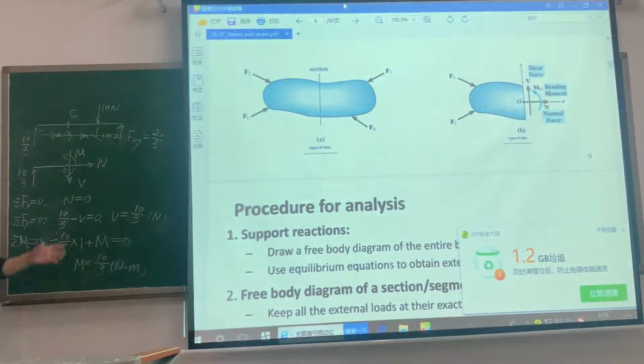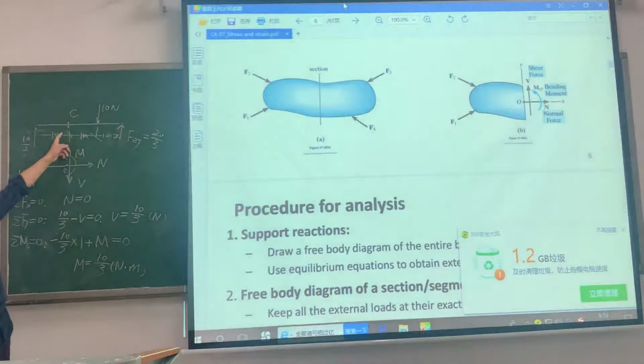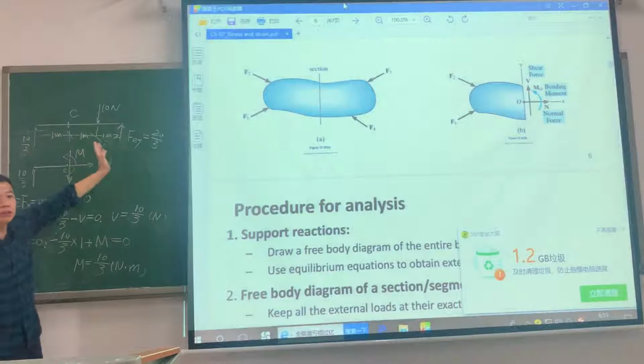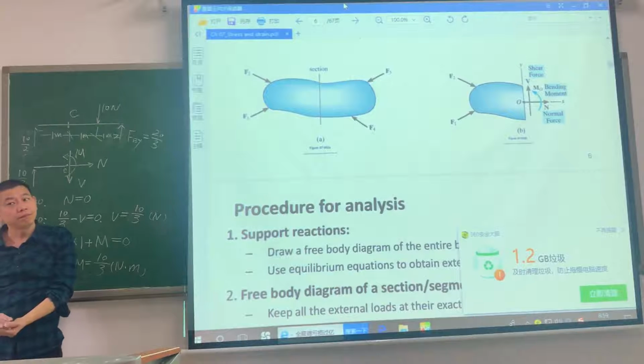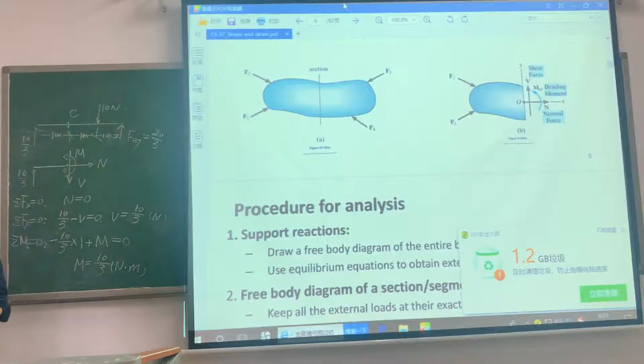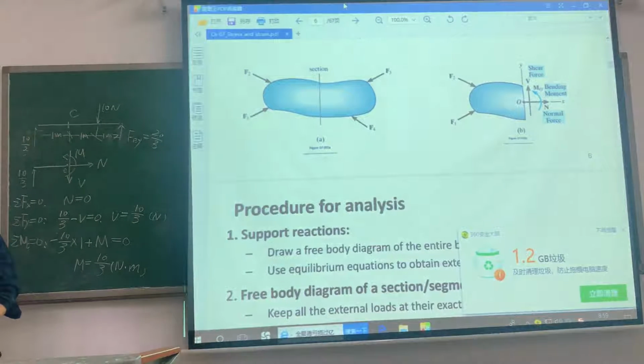But we can also find the moment from the right part. It must be the same, because they are at the same location.